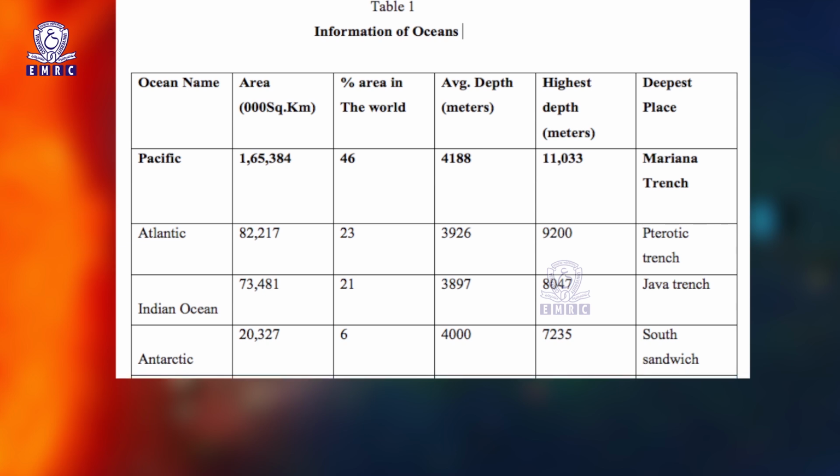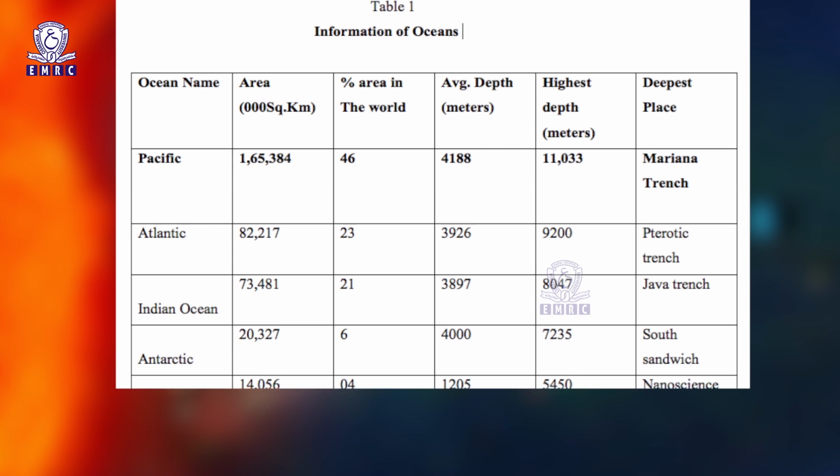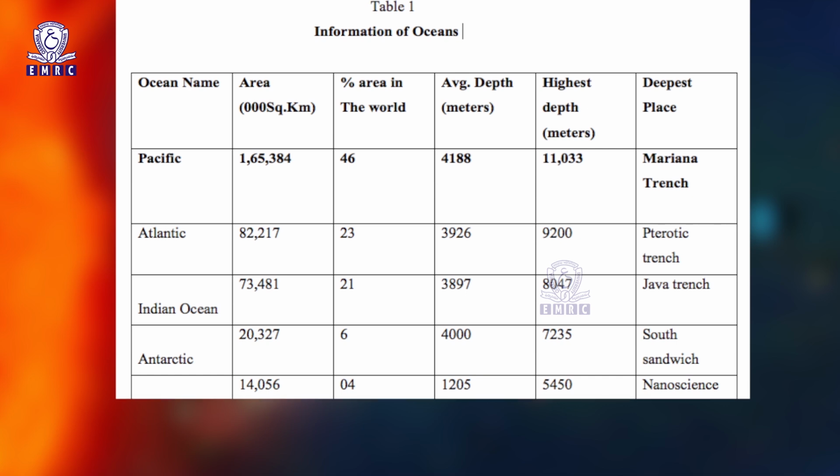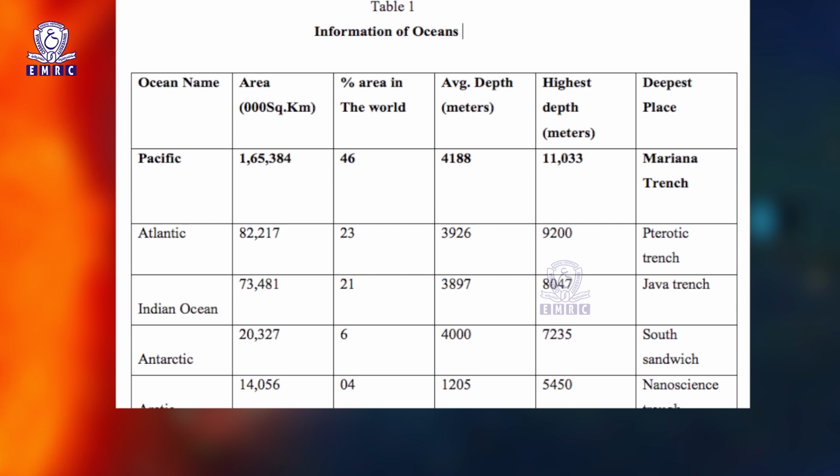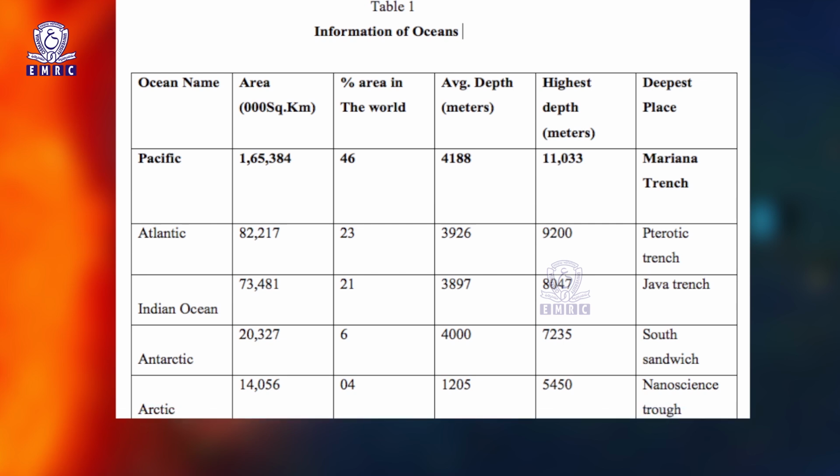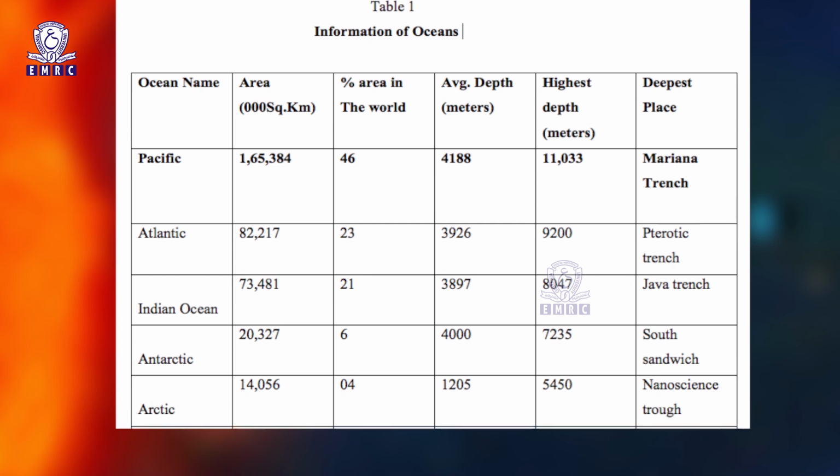The Antarctic Ocean covers only 6% of the total world ocean area. The average depth is 4000 meters and the highest depth is 7235 meters. The deepest place in this ocean is the South Sandwich Islands. The Arctic Ocean covers 4% of the total ocean area and it is the smallest of all the oceans.